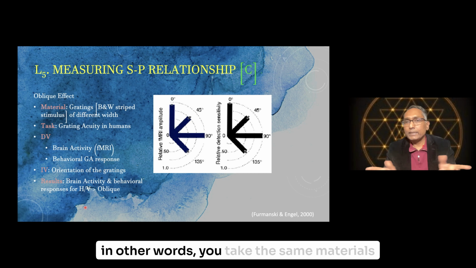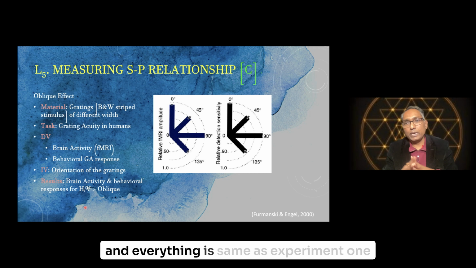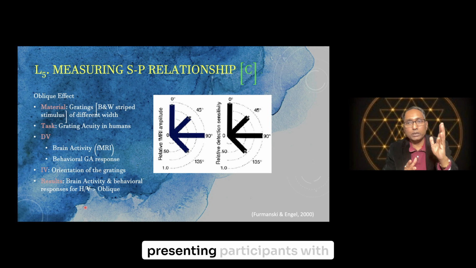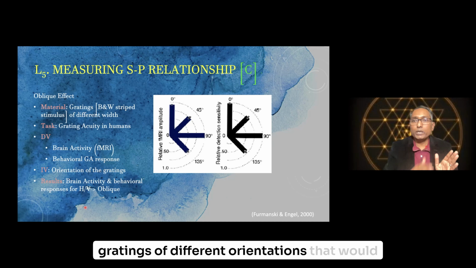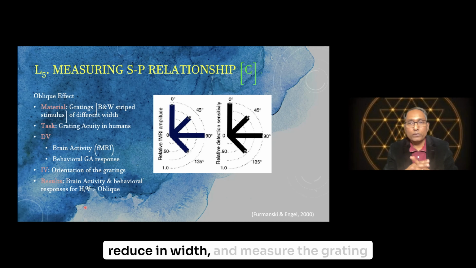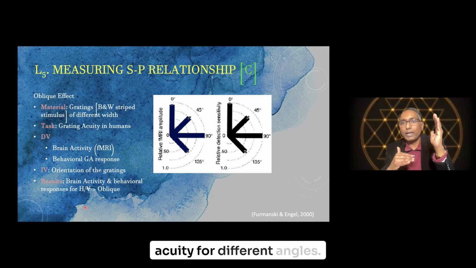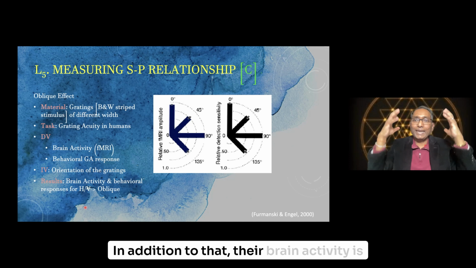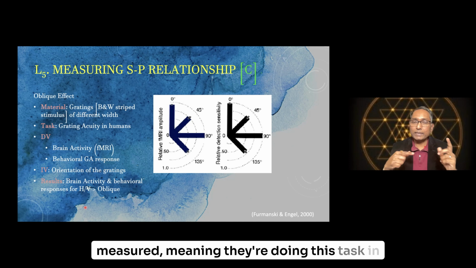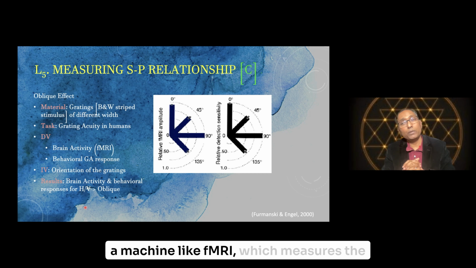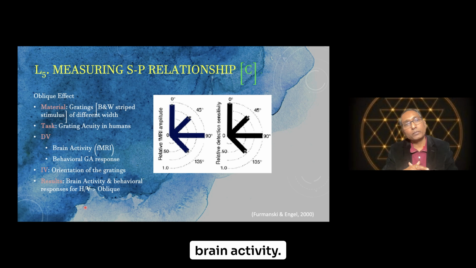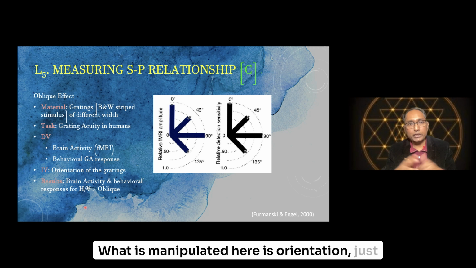In other words, you take the same materials and everything is the same as experiment 1, where you measured A, grating acuity, by presenting participants with gratings of different orientations that would reduce in width, and measured the grating acuity for different angles. In addition to that, the brain activity is measured, meaning they're doing this task in a machine like fMRI, which measures the brain activity. What is manipulated here is orientation, just like experiment 1.